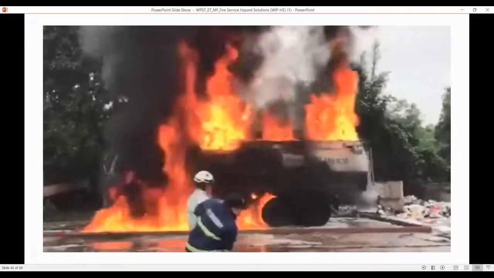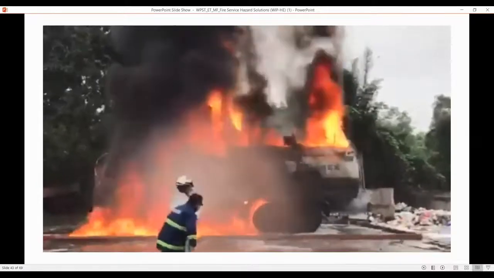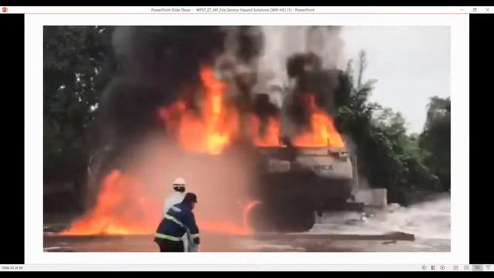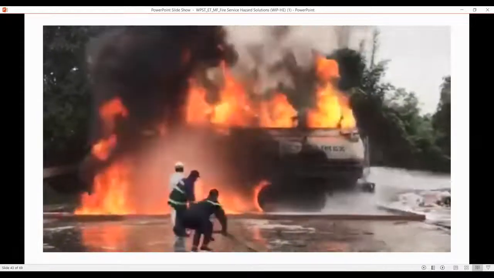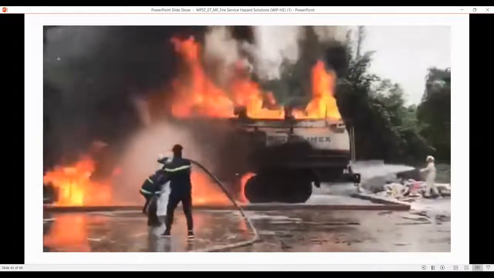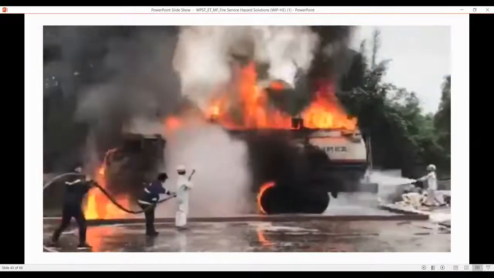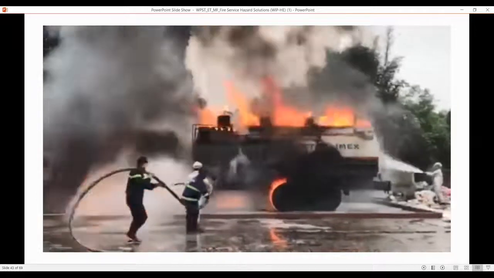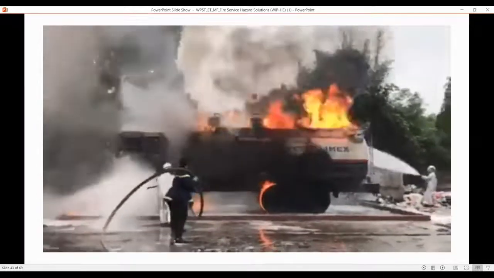So again, this is a 3% solution F500. Two streams, one from the rear of the tank, one here from this initial. They're just attacking both sides of the tank simultaneously. As you can see, that heavy black smoke almost instantly is gone again.